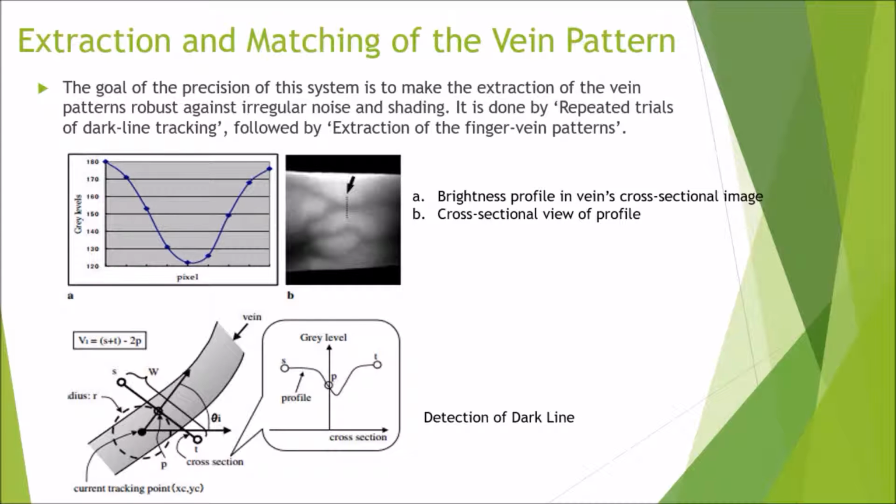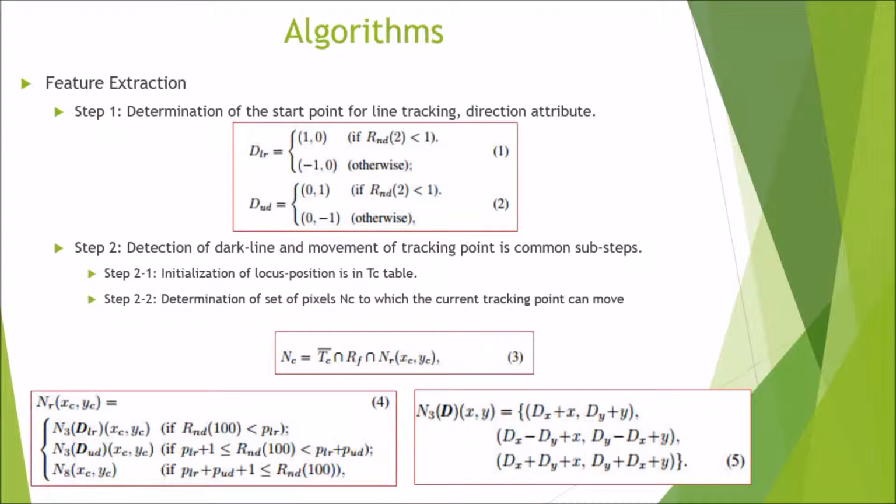Statistically, however, the dark lines are increasingly tracked more often with repeated operations. This makes for the robust extraction of the pattern of the finger veins. The positions with high values in the locus space have high probabilities of being the positions of veins. Therefore, the paths of finger veins are obtained as chains of high value positions in the locus space.